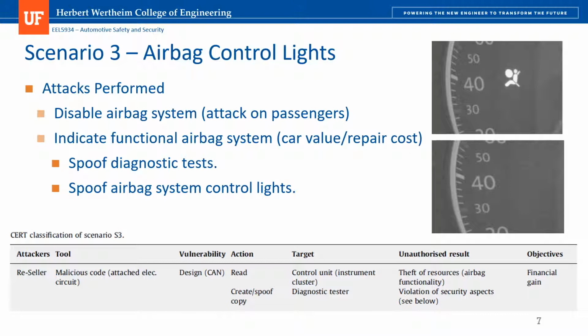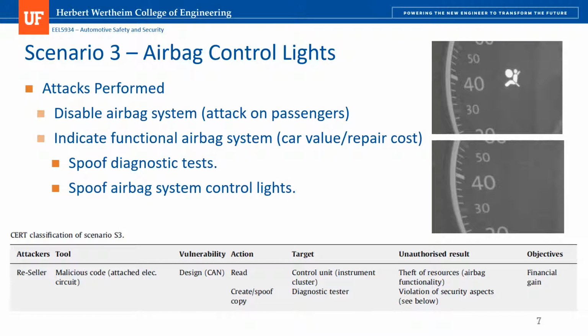They could spoof it so that it can be seen in the diagnostics test as functional, and spoof the control lights to show that the airbag system is working. This would be to get a higher value out of the car without having to spend the money on those expensive airbag system components. The CERT classification is seen here below.